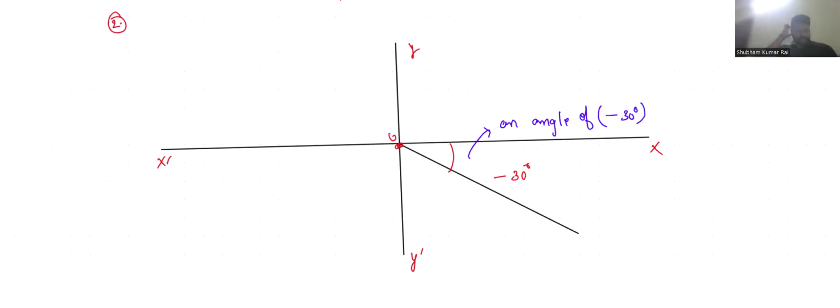So here you can see that this is your y, this is y dash, this is x dash, this is x, and this is the intersection point O. Here we are having an angle of 30 degree, but this will be now negative. Why? Because here the angle is in down form. Here the ratio angles are in negative. So here we have made an angle of negative, that is minus 30 degree, right? I hope it is very clear till now, right?